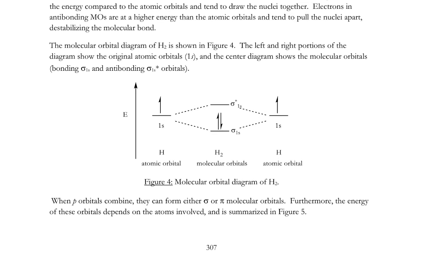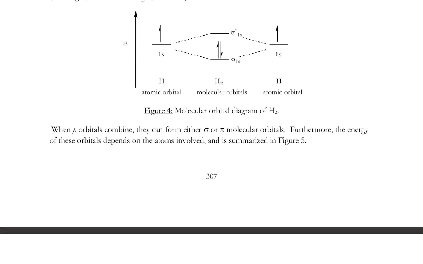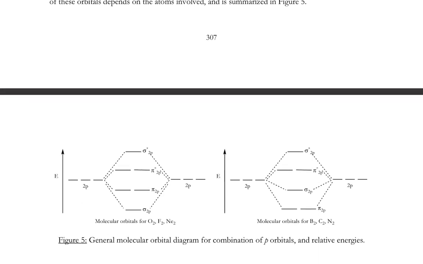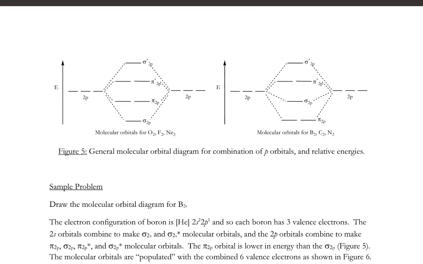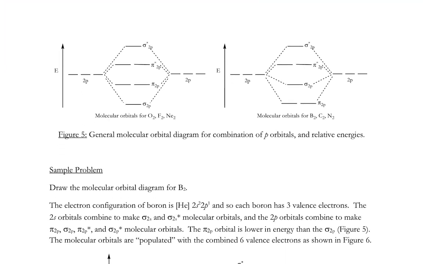So this would be the energy level diagram where the MOs are shown in the middle for hydrogen, or any row 1. That would be any hydrogen type diatomic, any helium type diatomic. Diatomic meaning 2 atoms. Now, when we get into row 2, we have to consider the 2p atomic orbitals and how they interact.